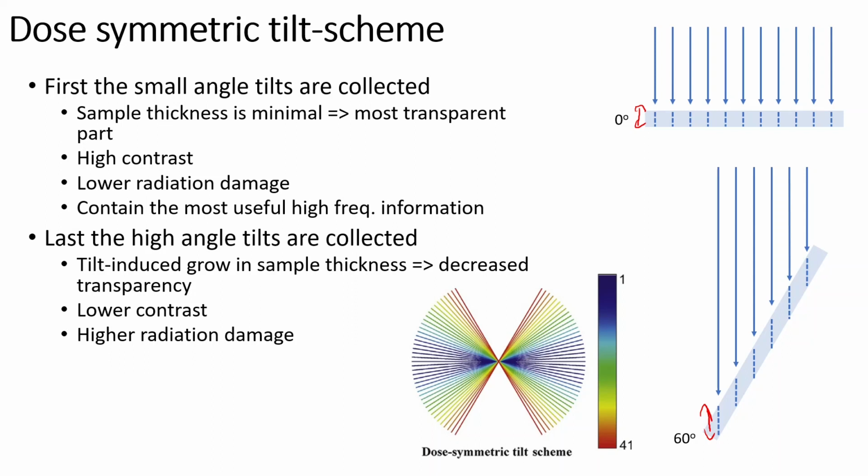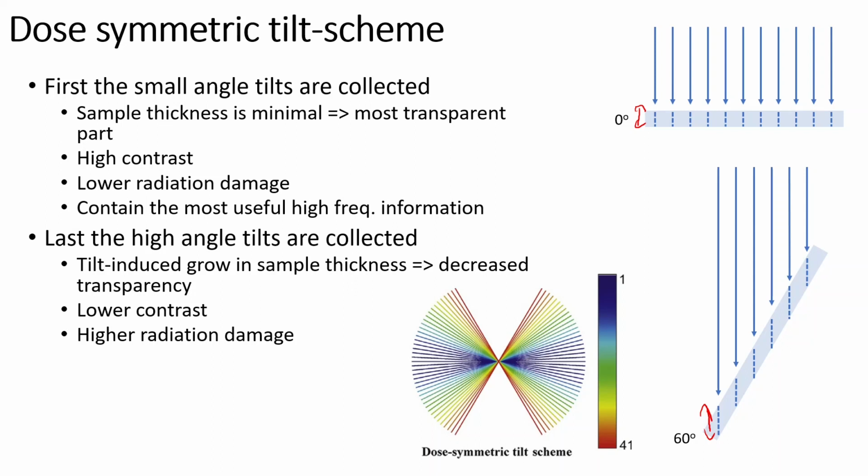In the dosimetric tilt scheme, what we can say is that we will collect the low angular tilts first, because they contain the most useful information for us, whereas the higher tilts, the extreme tilts, are carrying less useful information, and therefore we are not caring that much about the radiation damage that we applied using the accumulated dose.